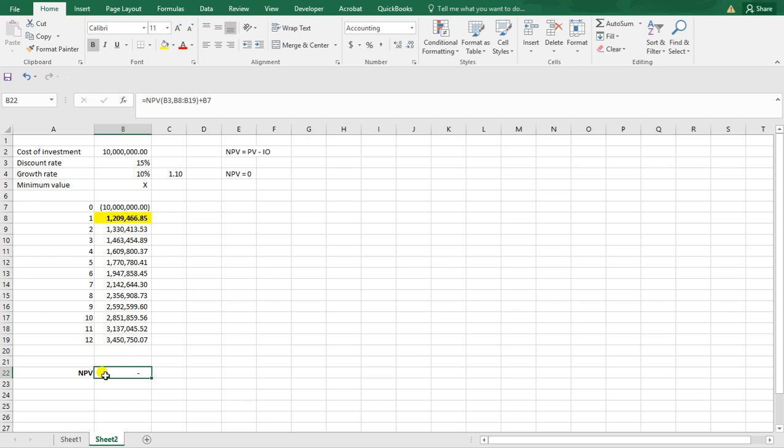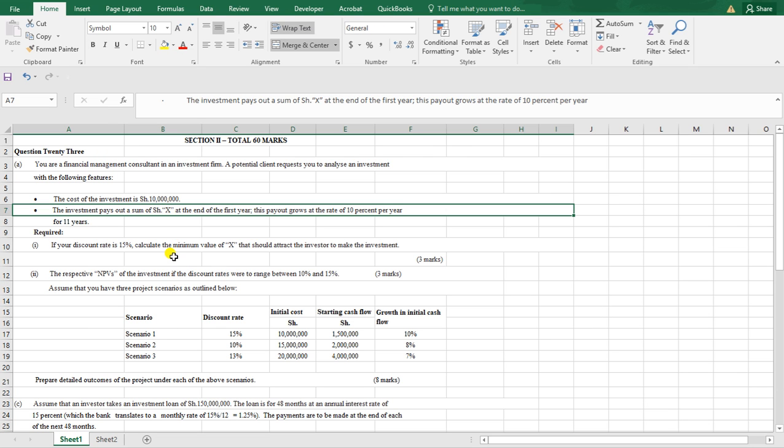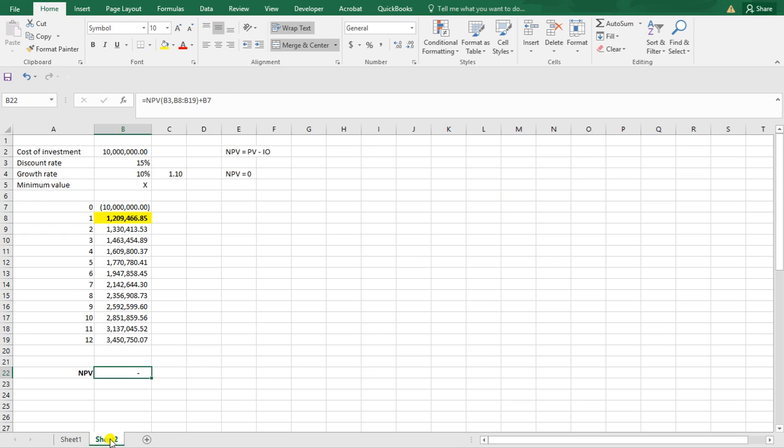Because at the end of the day, our NPV at minimum value should be equal to 0. And the catch basically was there for you to always identify that when you're asked for a minimum investment, or rather the minimum value that you should earn at any given point when you are looking at financial management, always recall the break-even point, right? So that's what we are required to do in this question, which I believe has flowed very easily using the concept of goal seek.